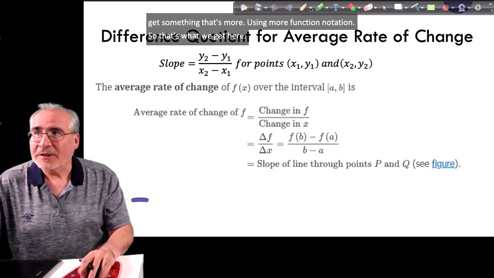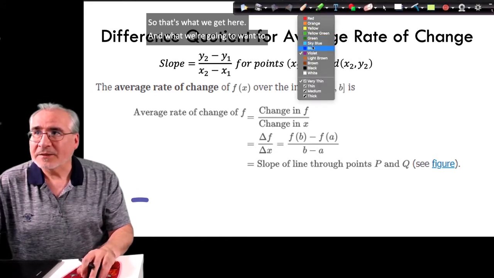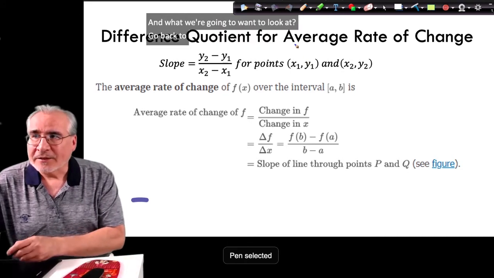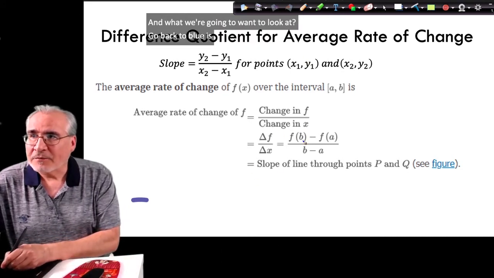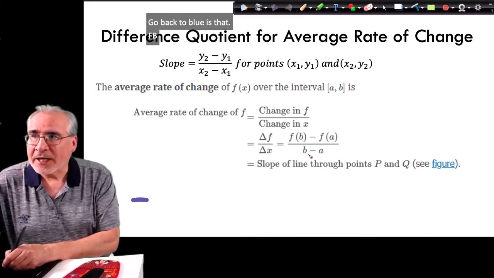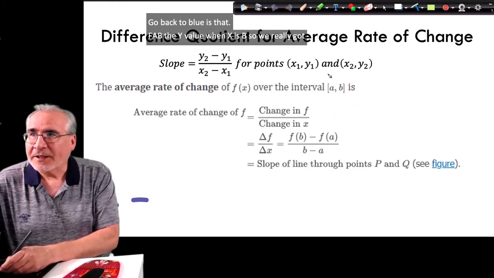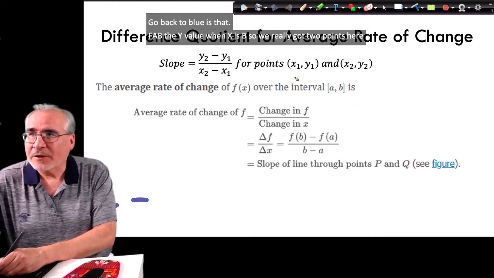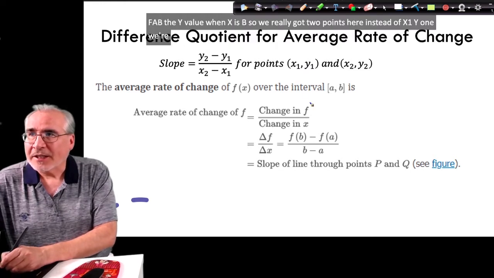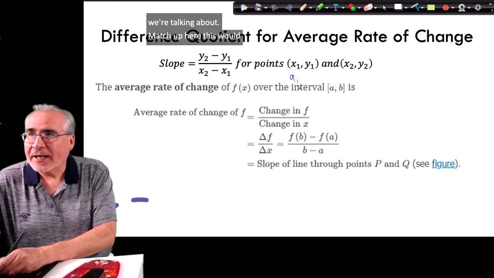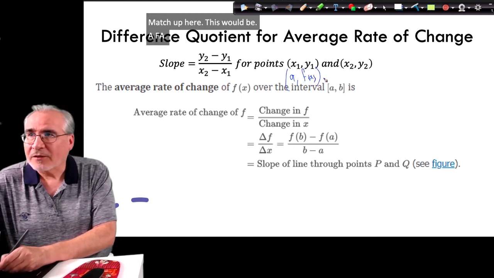And what we're going to want to look at, let me go back to blue, is that f of b is the y value when x is b. So we really have 2 points here. Instead of x1, y1, we're talking about, let's see, match up here. Actually, this would be f of a. So f of a is a y point.